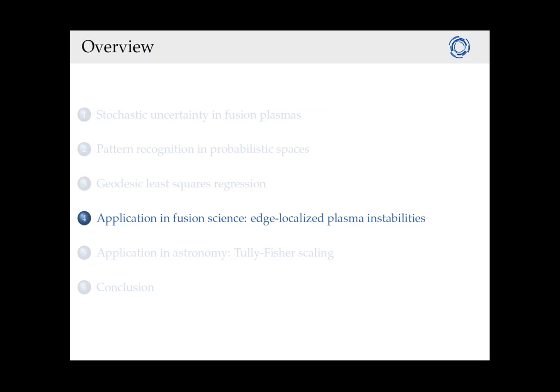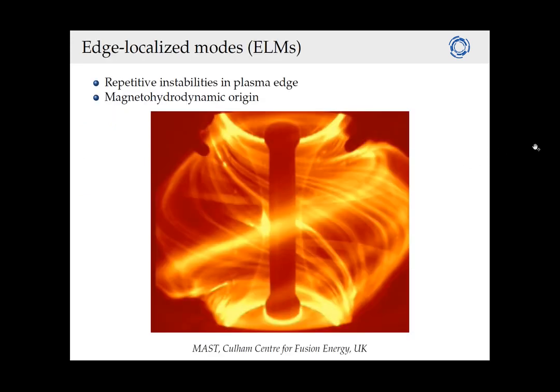Okay, so we now come to our first application of geodesic least squares regression in fusion science, about edge localized plasma instabilities. An edge localized plasma instability, or edge localized mode as it is commonly known in fusion science, an ELM, is a repetitive instability in the plasma edge.